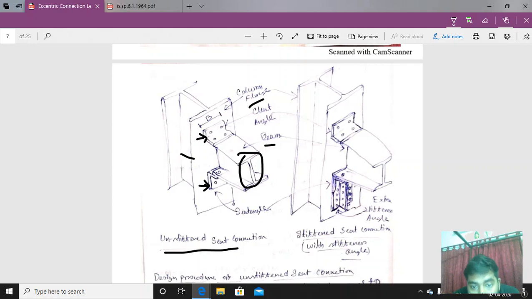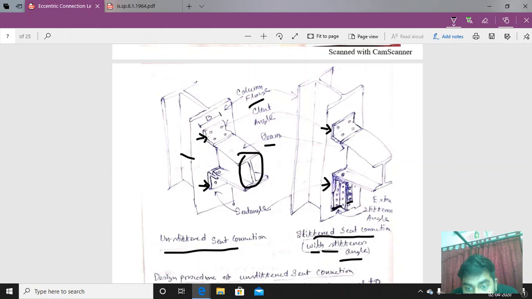In the next picture, you can see a stiffened seat connection with a stiffener angle. Here also the cleat angle and seat angle are there, but to facilitate more bolts, a stiffener angle is also provided.